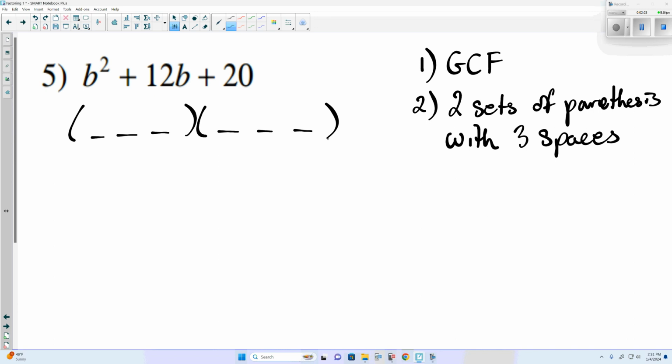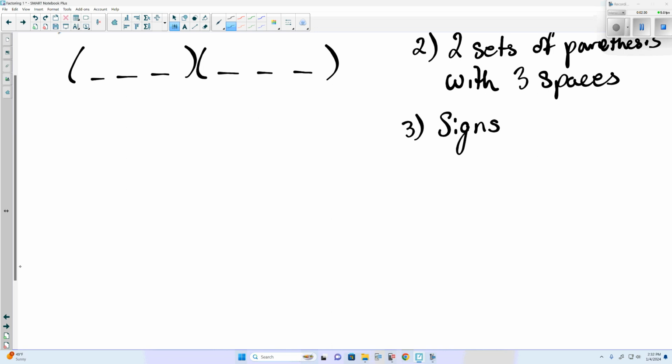Really, the three spaces are just to make sure the parentheses are wide enough so we can fit everything in. For the most part, the way that we do this and most others do it really hasn't deviated at this point. Now, the next step that I do, especially with factoring, is to find the signs. We want to find the signs of what's going to go in our two sets of parentheses.